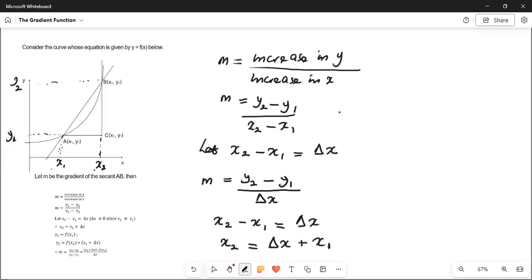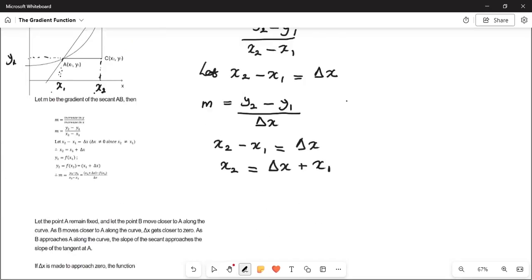Now, recall that the function we are taking the gradient of here is y equal to f of x. So if y is f of x, then we can say y1 is equal to f of x1. So if y1 is f of x1, then what will be y2?